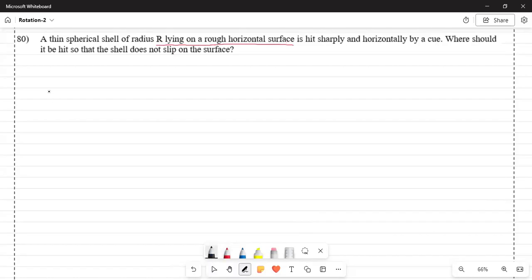So it's a rough horizontal surface, and there is a thin spherical shell of radius r.